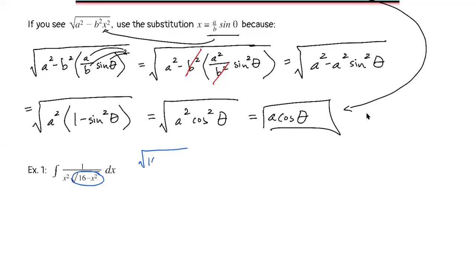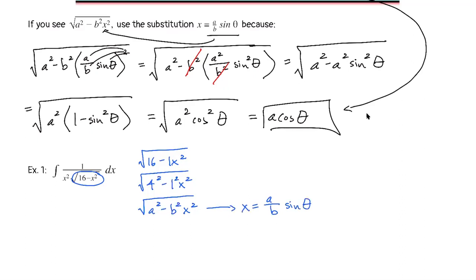When I see 16 minus 1x squared, that's really the same form as 4 squared minus 1 squared x squared, which means that it's exactly like our formula, a squared minus b squared x squared. Now, according to the formula, if you see a squared minus b squared x squared, the substitution you should make is x equals a over b sine theta.